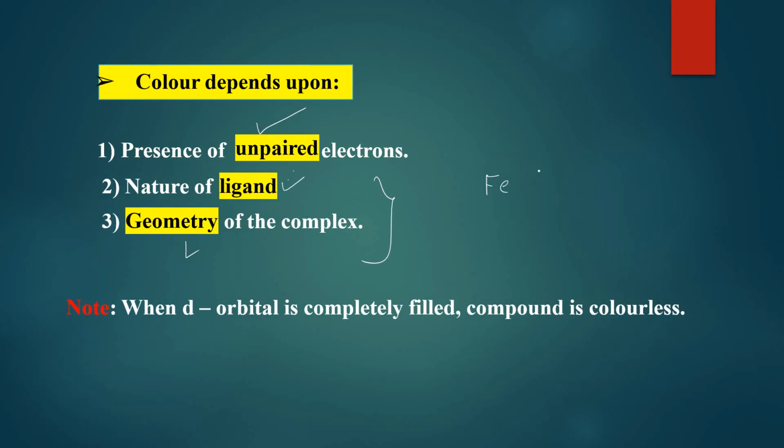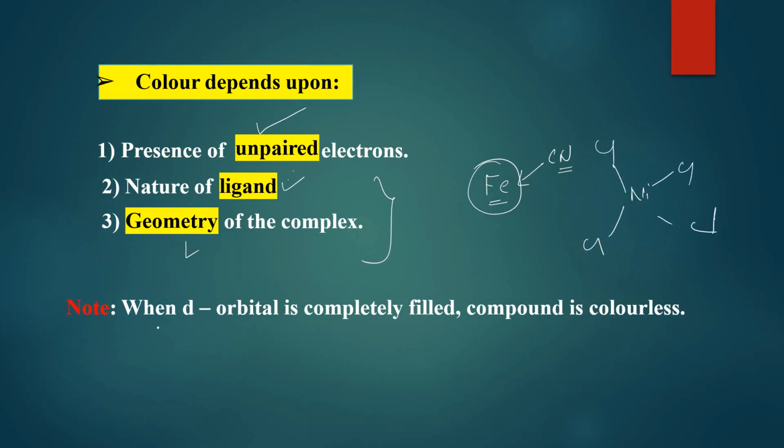For example, if CN is coming to make a bond with iron, then CN is a ligand. So this is a metal atom, and this may not be a metal atom, so that is a ligand. And geometry means the structure of the complex, so the shape. This is a square planar geometry, right? This is the geometry of the complex.